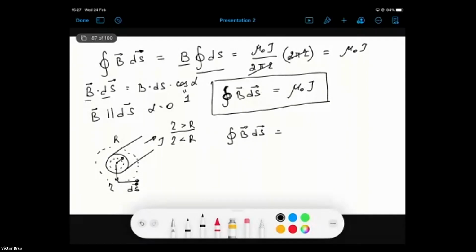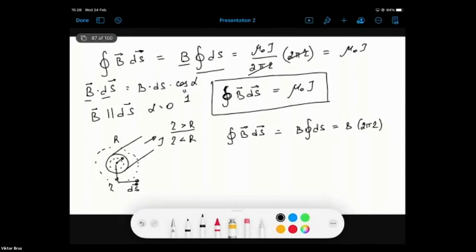Again, they are parallel to each other. That's why we can deal with absolute values. And this will be equal to B times 2 pi r, the length of this Ampere's loop, which is the integral along this closed loop of ds, and this is 2 pi times r.